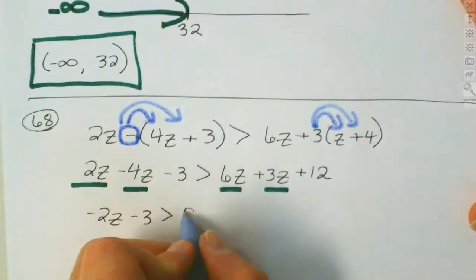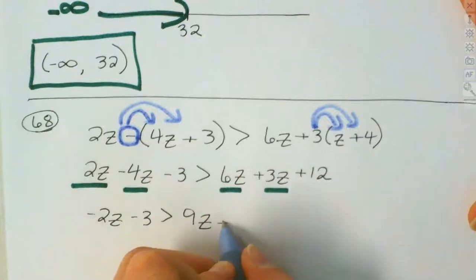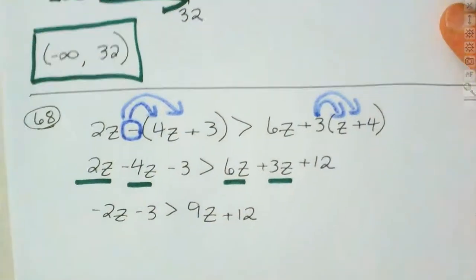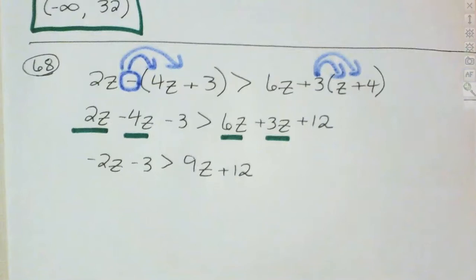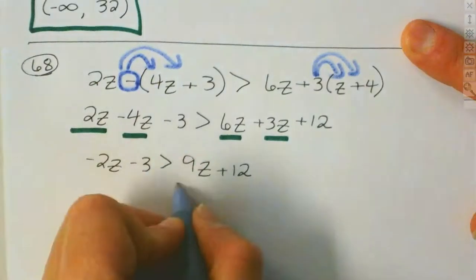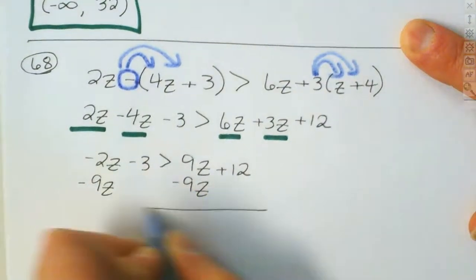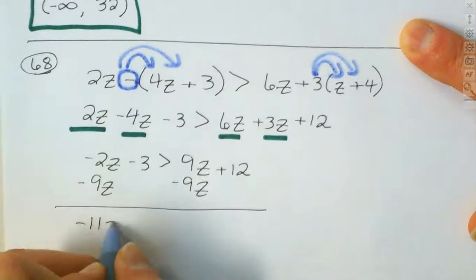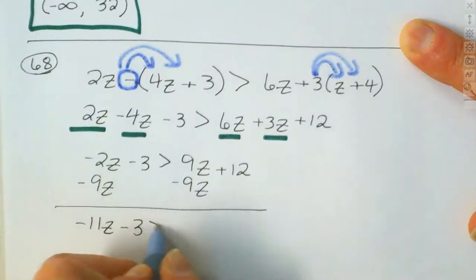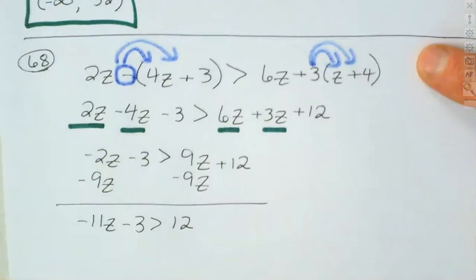That makes it a 9z plus 12. Not much to these as long as you're careful. We're going to go ahead now and move that 9z over. And that's a minus 11z minus 3 is greater than 12.